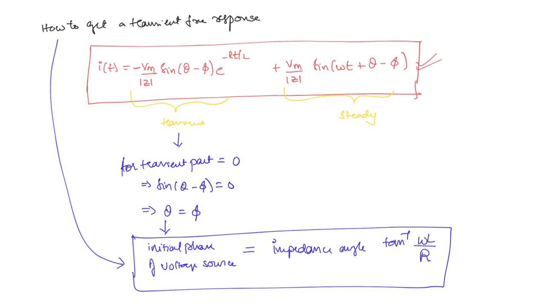Here, one important thing you need to remember is the function that we took. The voltage source was Vm sine omega t plus theta. If the function was cos, this condition would change. So how will it change? If v(t) is equal to Vm cos omega t plus theta, you can do the same procedure.